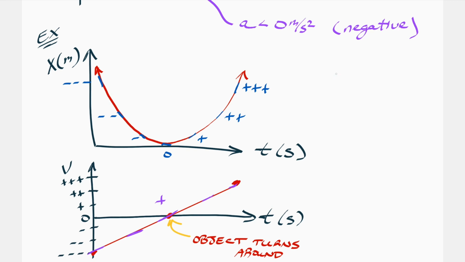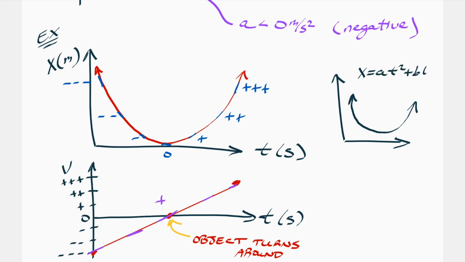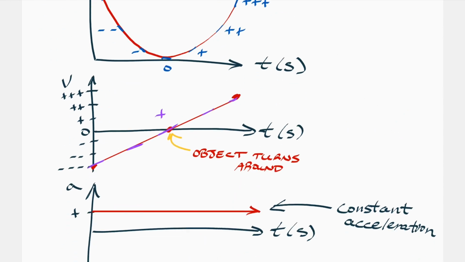So on an x versus t graph, whenever you see this sort of parabola, right, and not just any sort of curve, right, because what if it did something weird later. Anytime you see an actual parabola and you know that that is some x equals at squared plus bt plus c function, you know that this is constant acceleration motion, right?